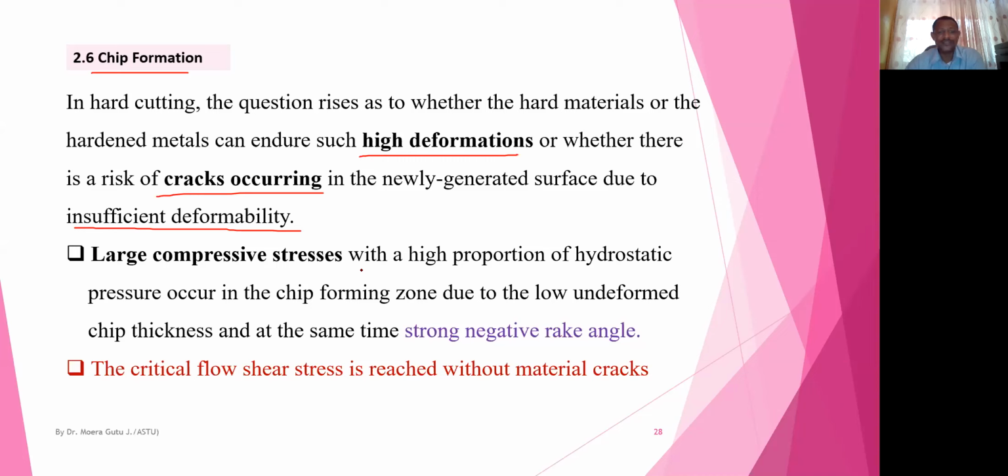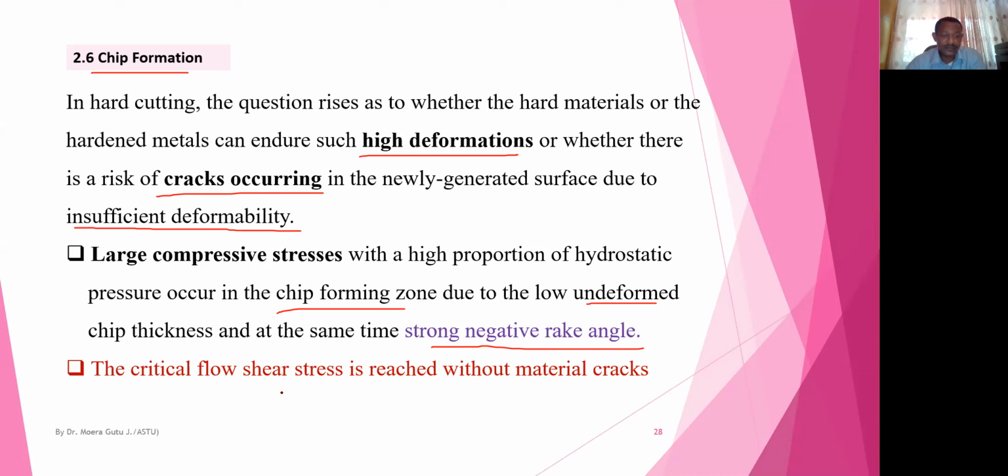Large compressive stresses: it is clear that machining imposes a compressive stress, not a tensile stress, with a high proportion of hydrostatic pressure in the chip formation zone due to the low undeformed chip thickness. The low undeformed chip thickness reminds us that it is the depth of cut, and a strong negative rake angle is required.